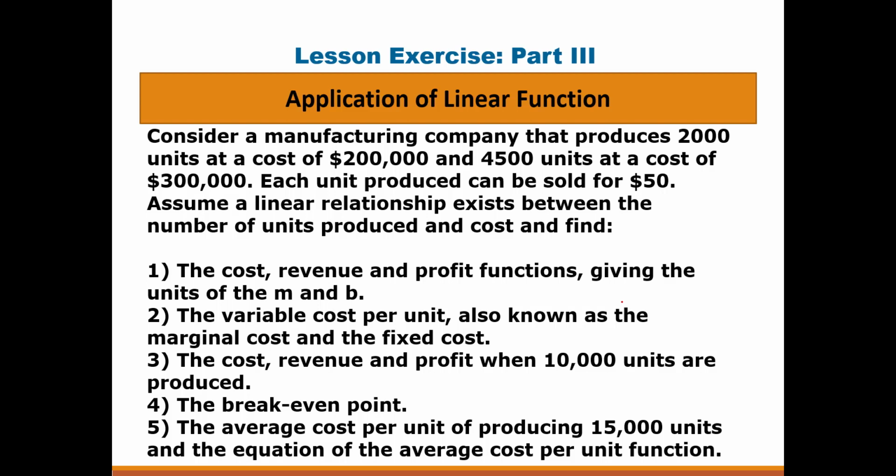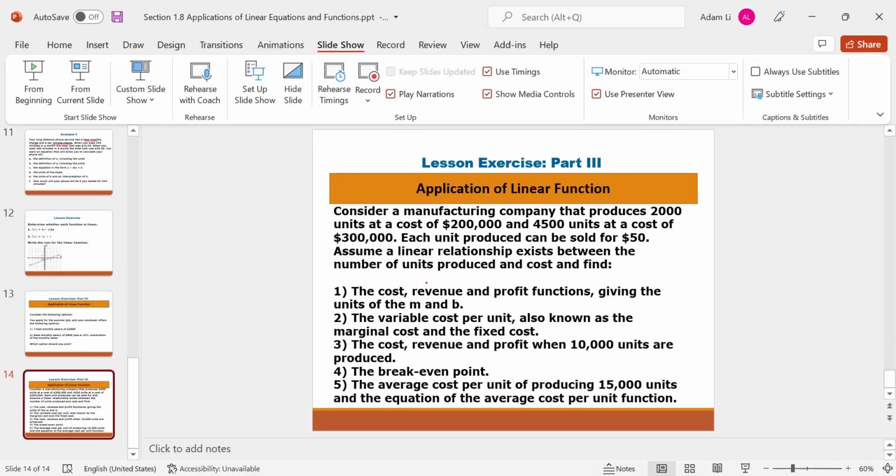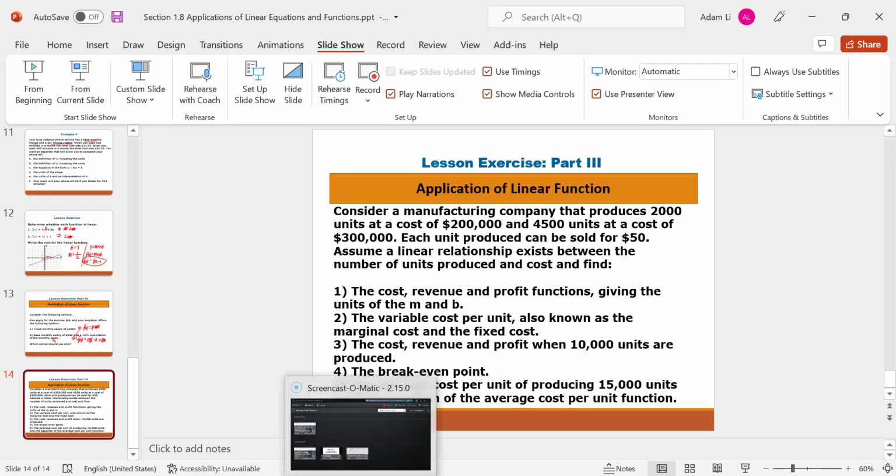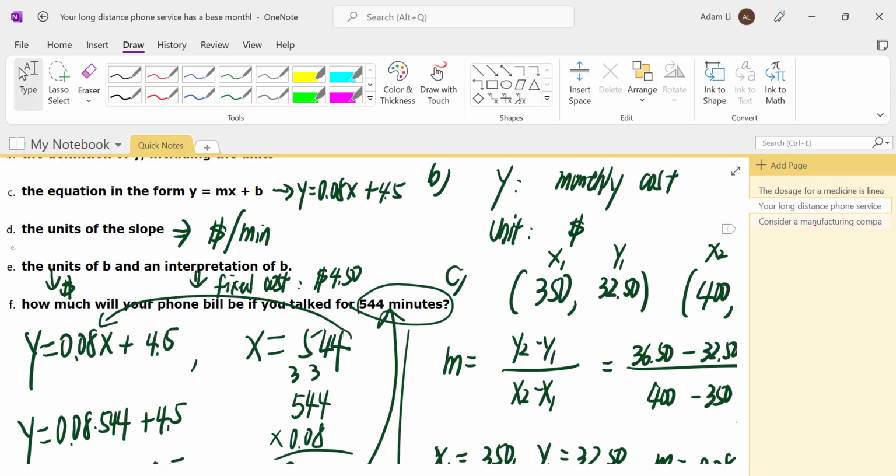Then the cost, revenue, profit when 10,000 units are produced.